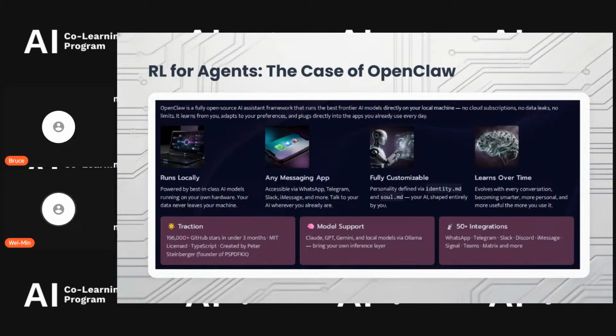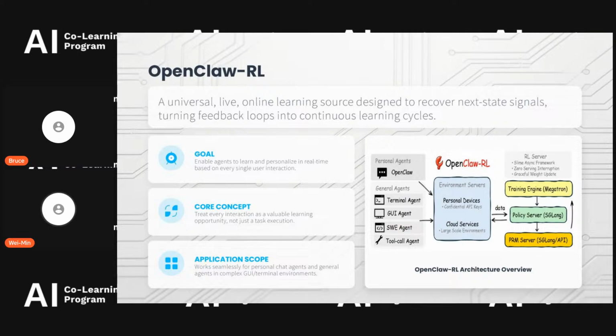For example, people use reinforcement learning for agents, in the case of OpenClaw. There is an OpenClaw reinforcement learning approach. It provides a learning framework designed to recover next-state signals and turn feedback loops into continuous learning cycles.